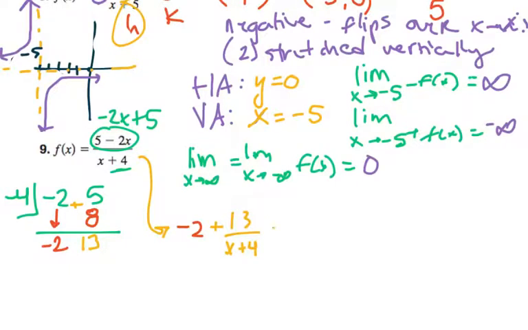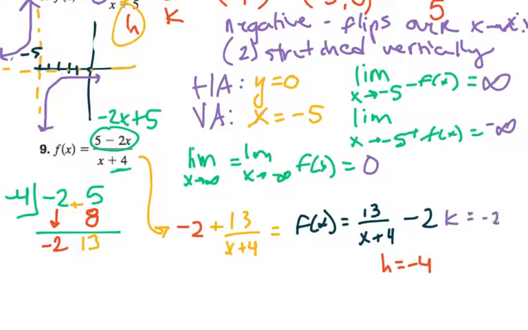But if I want it to be in this vertex format, I want to rewrite it so that the function is 13 over x plus 4 minus 2. Officially, that means that our h value is negative 4, our k value is negative 2, and our a value is 13.